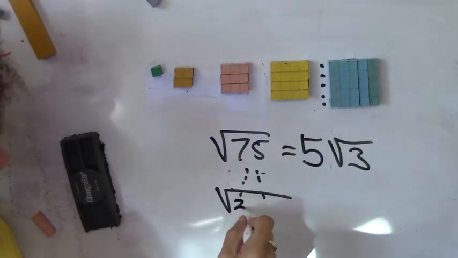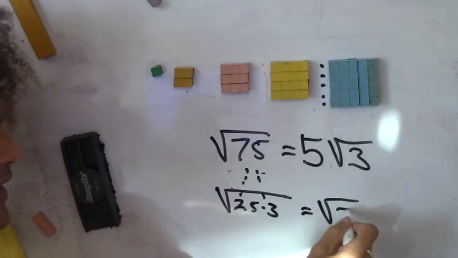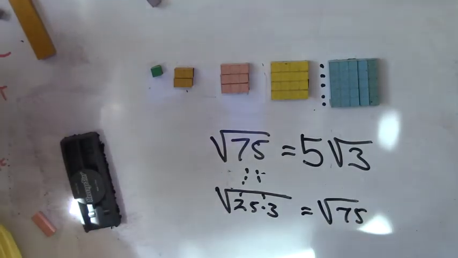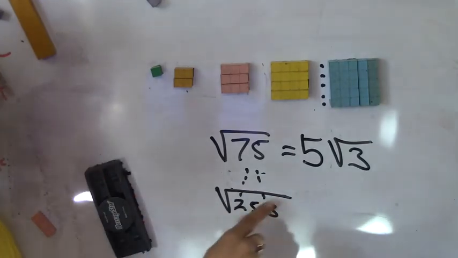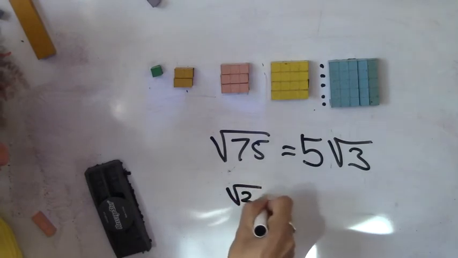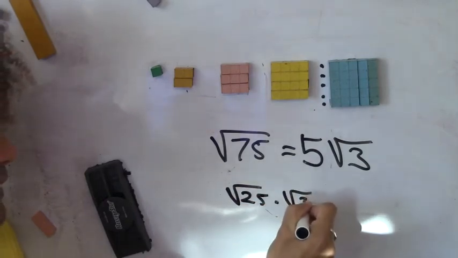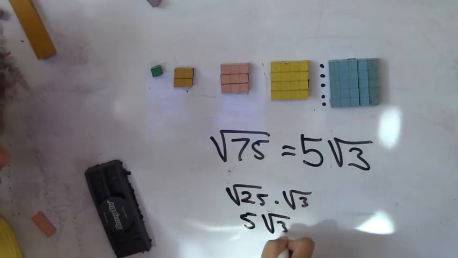So 25 times 3 is the same thing as the square root of 75, right? Do you know the square root of 25? 5. There you go. So square root of 25 times the square root of 3 is 5 square roots of 3.